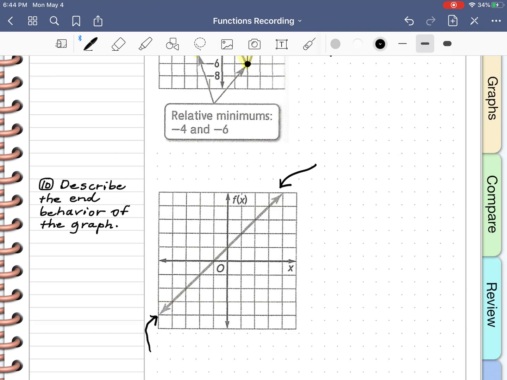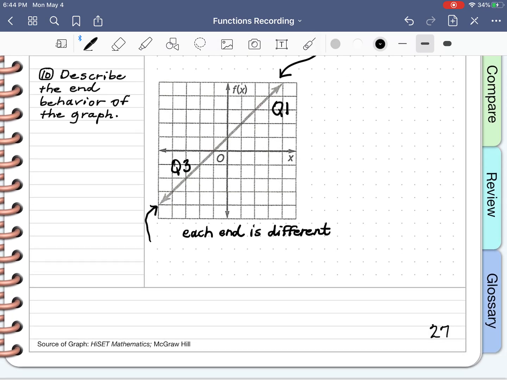Each end is different. On the left side, that end is down in negative territory, down in quadrant 3, and on the other side you have an end that is up here in quadrant 1. That's because this line has a positive slope, so each of the ends is different.